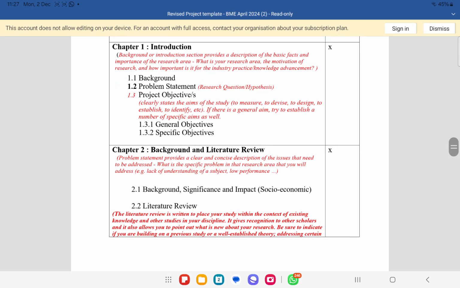Now, under this chapter, you can first give these 3 important things in a short paragraph, then you can talk about the background. Background means you have to give adequate information for the reader to understand the topic.